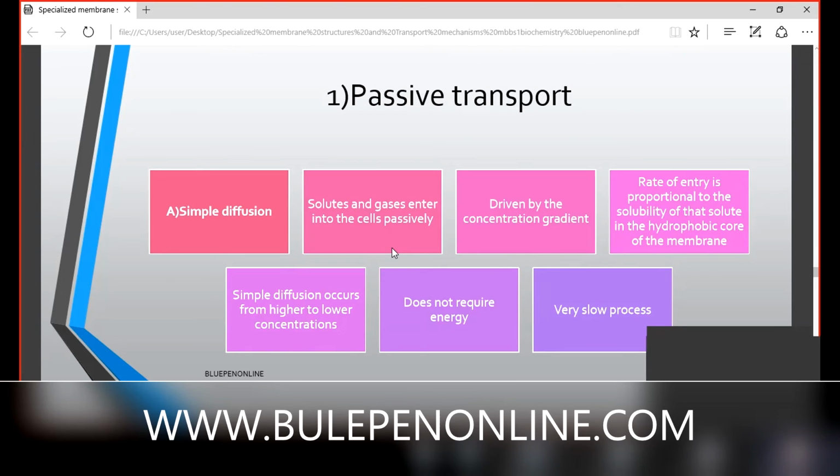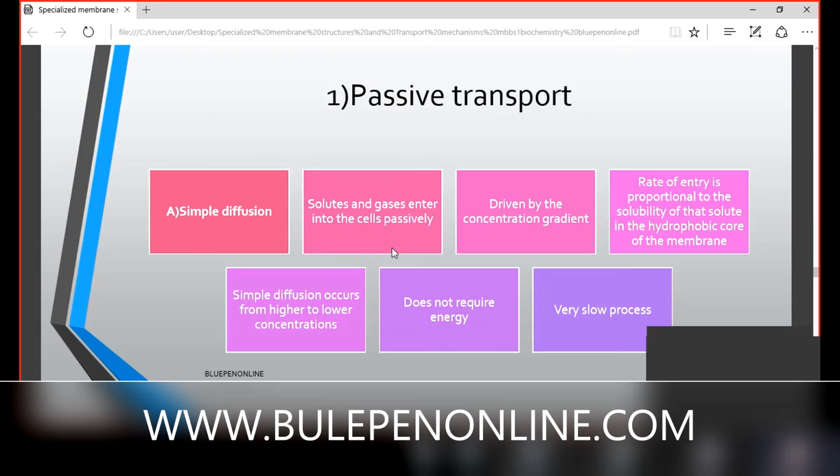Solutes and gases enter into the cell passively, driven by the concentration gradient. The rate of entry is proportional to the solubility of the solute in the hydrophobic core of the membrane. Simple diffusion occurs from higher to lower concentration. It does not require energy, but it is a very slow process.